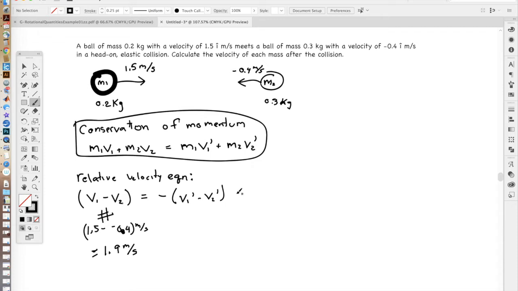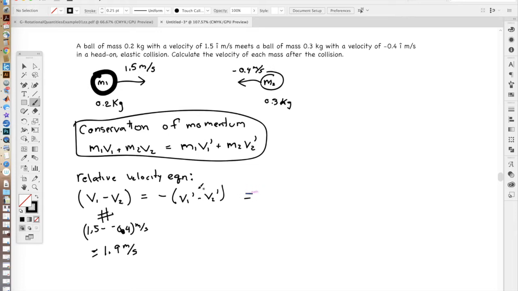Okay, so what this tells us is that we can write v2 prime in terms of v1 prime. Actually, I'm going to back up for a second.